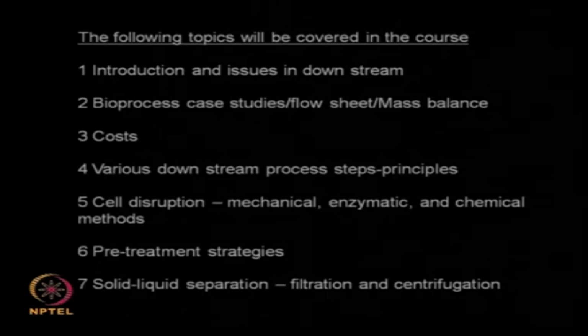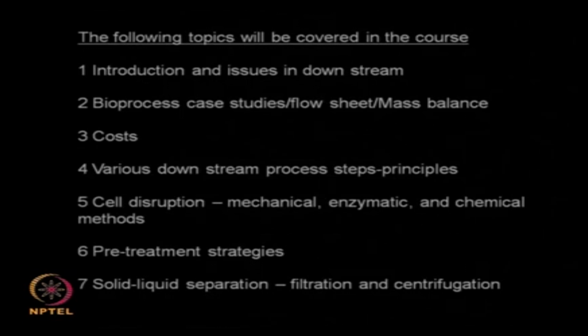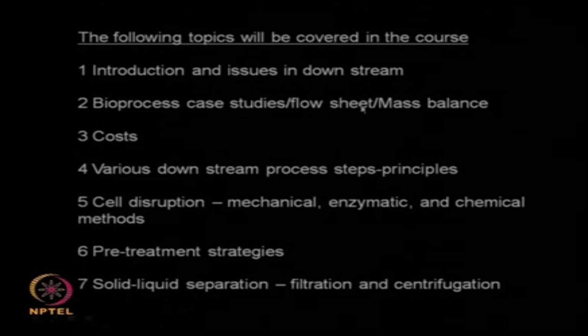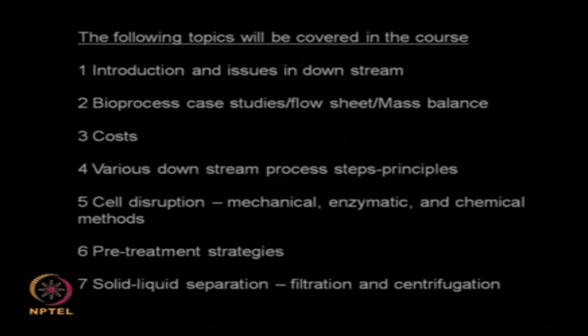So far we have been covering the concept of downstream. I talked quite a lot about the introduction, issues in downstream, and I showed you some examples of flow sheets and what a flow sheet will contain, what the various units are.